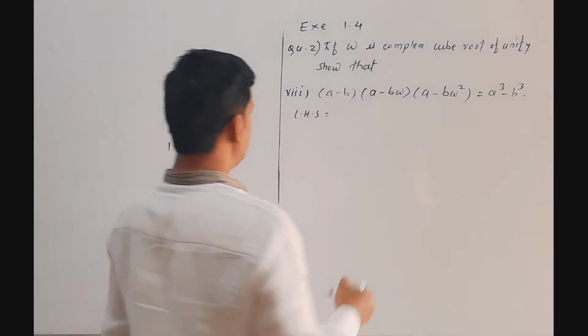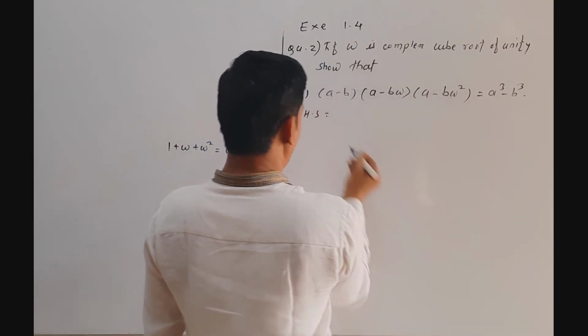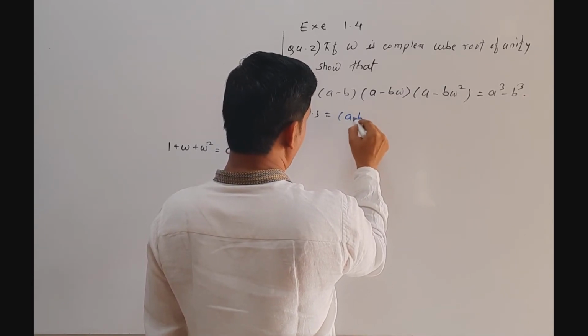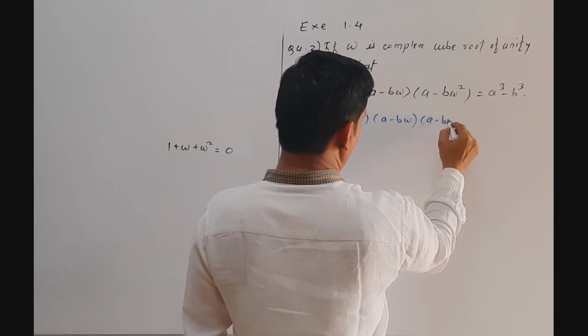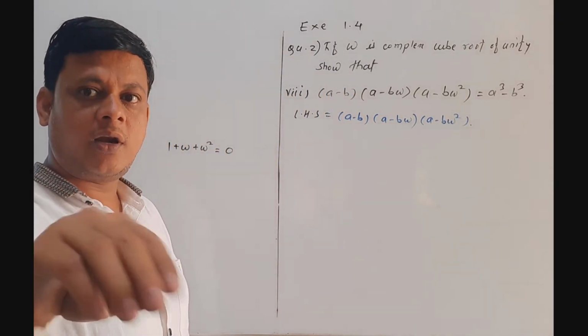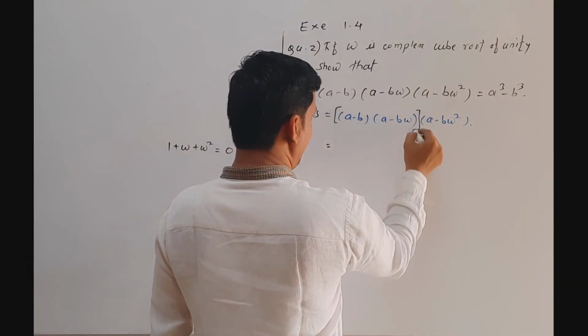Now see the next sub question 8, we have to show this LHS equals RHS. So we write LHS as A minus B, A minus B omega, A minus B omega square. First we solve these three brackets. First we multiply the first two brackets.